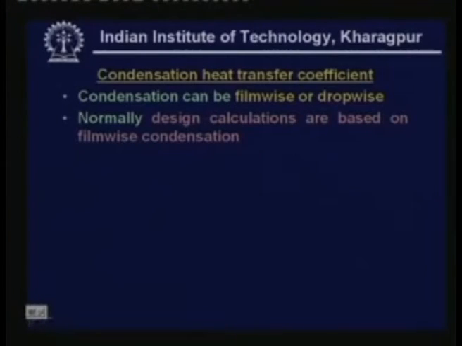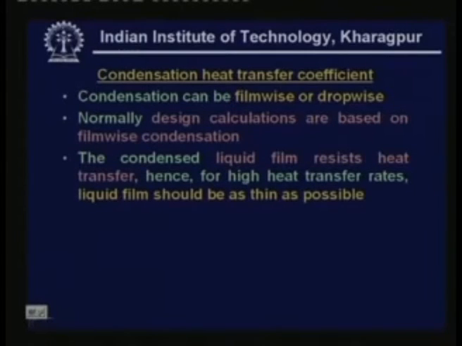This is a conservative approach, because the area that you obtain using this assumption is conservative, that means you are under predicting the heat transfer coefficient. As I said, normally design calculations are based on film wise condensation. The condensed liquid film resists heat transfer, hence for high heat transfer rates the liquid film should be as thin as possible.